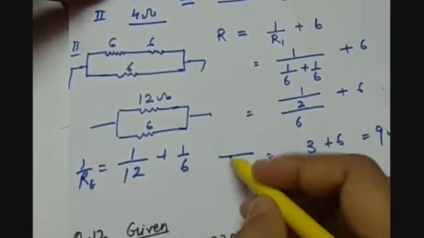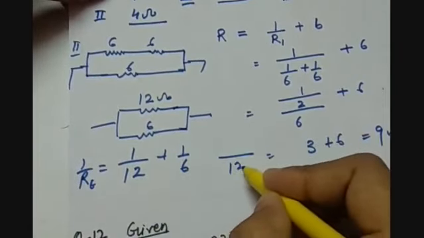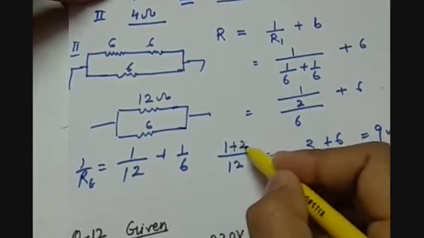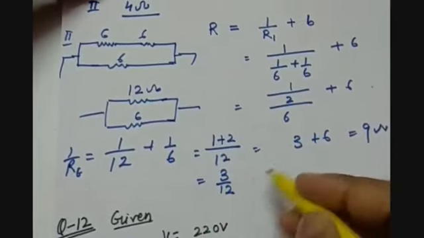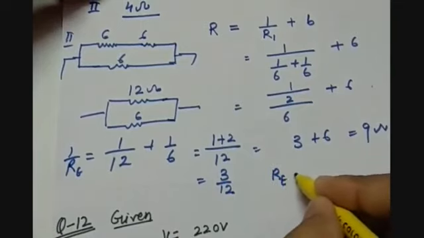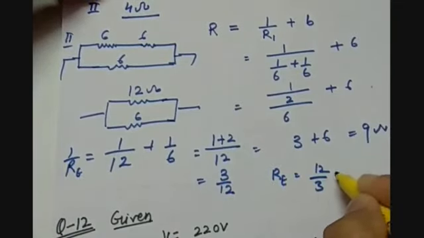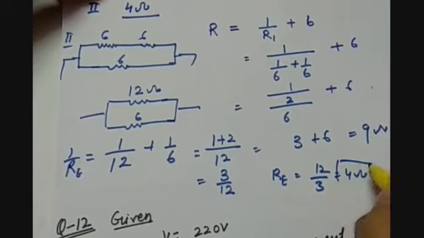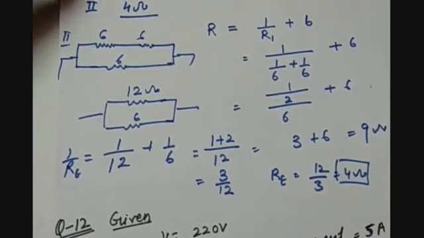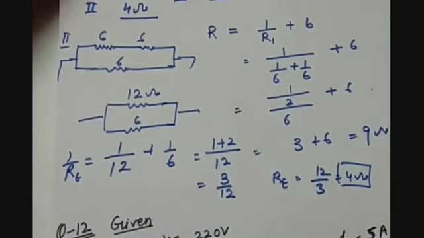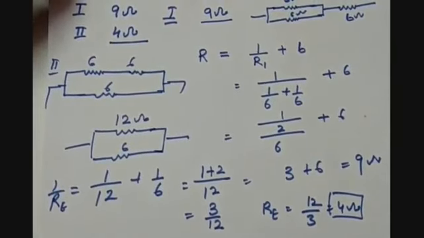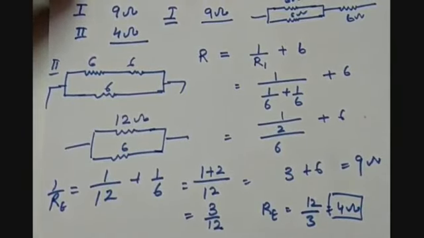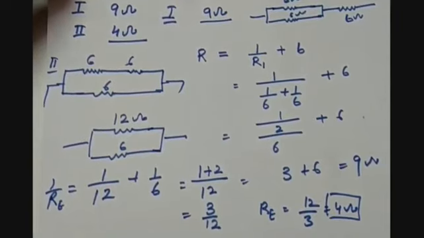So that will give us an LCM 12, 1 plus 2, that means 3 upon 12. So Re comes out to be 12 upon 3, that is 4 ohm, which was the required answer. So that's how we have to arrange. In first case we have to arrange 2 in parallel, 1 in series. In second case 2 in series and third one in parallel with it.